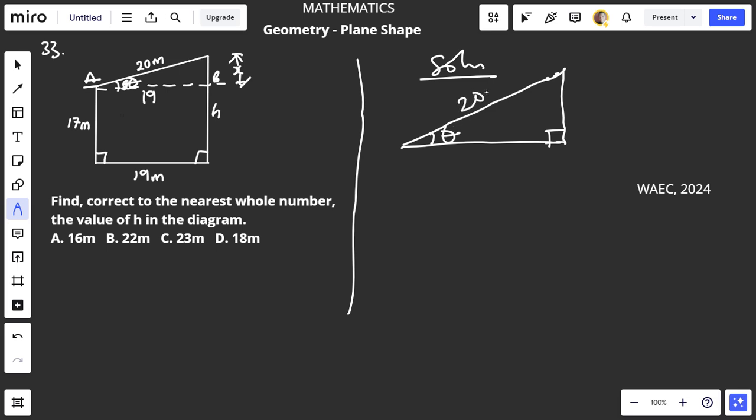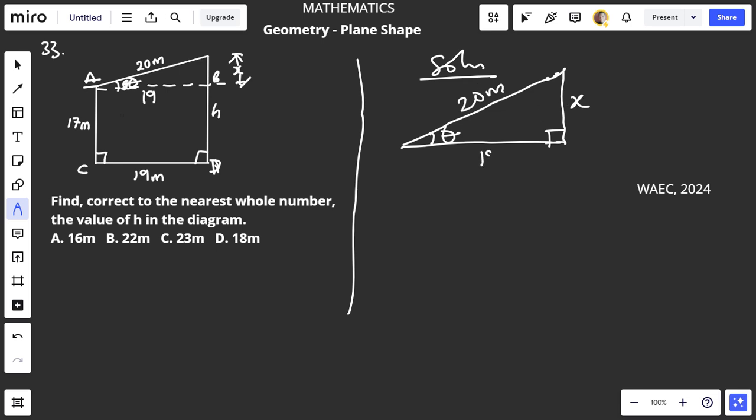Here is 20 meters and here is X. Remember, for us to find h, h will be 17 plus X, because from B to D is 17. So let's first find X.